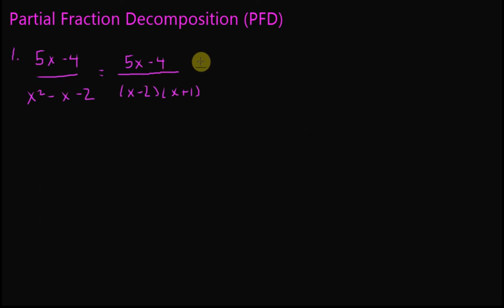But partial fraction decomposition suggests that we can actually rewrite this as the sum of two partial fractions, a divided by x minus 2 plus b divided by x plus 1. Notice here that the placement of a and b are actually arbitrarily defined, and we could flip these in whatever order we want.